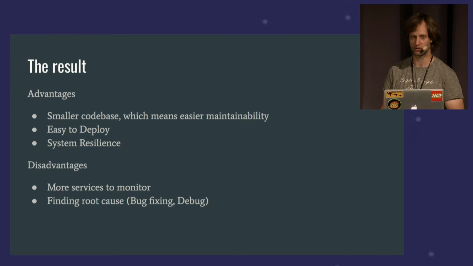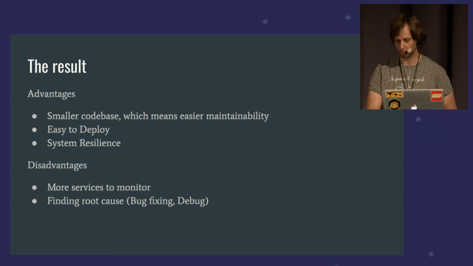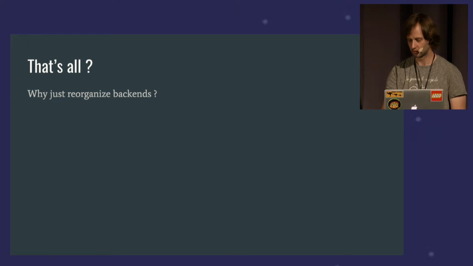Our application was crashing because only one feature was crashing. But the disadvantages we found, the two big ones, were that we have more services to monitor, obviously, but also it was more difficult for us to find the root cause of an issue because now the logs are everywhere and the issue can be everywhere.